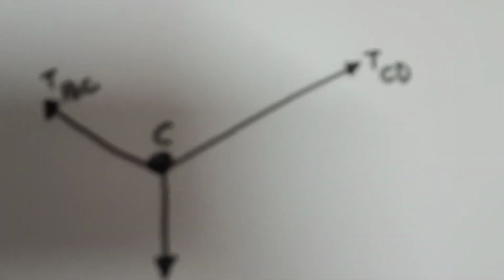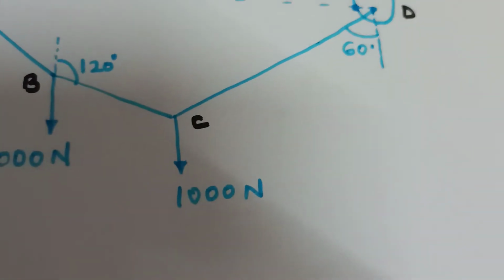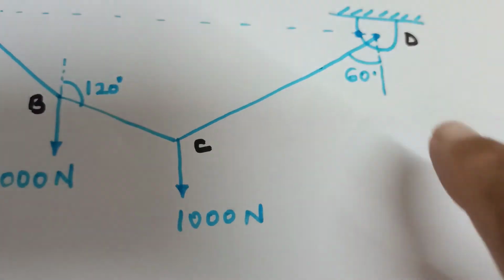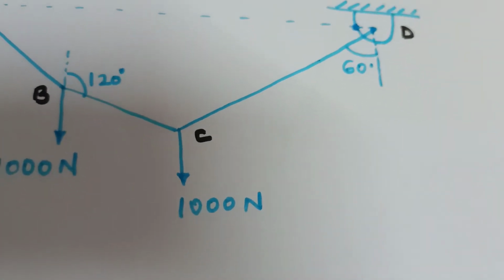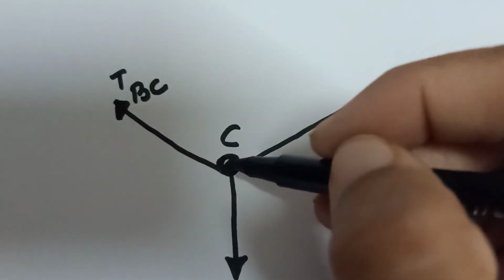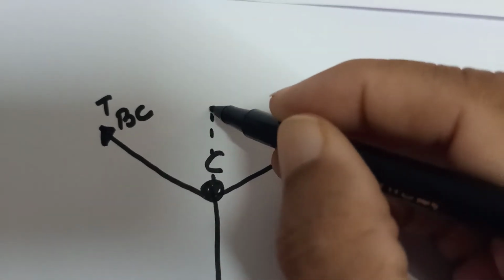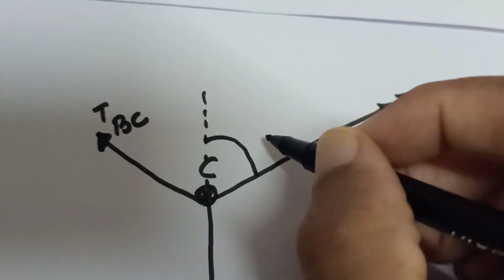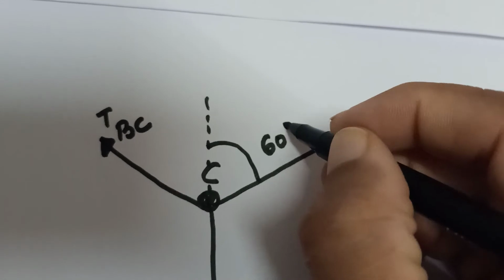Okay, now the important part is we have to find out the angle. So if you see over here, what is the angle over here with vertical? 60. So this angle we can show as 60 degree.